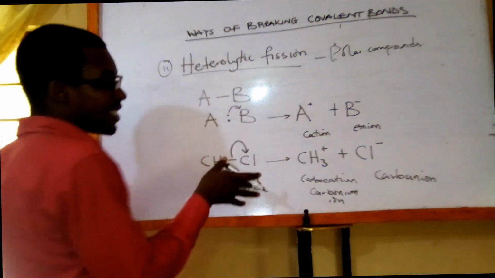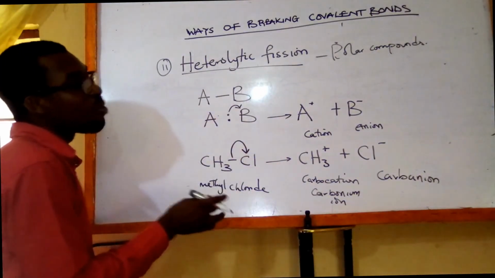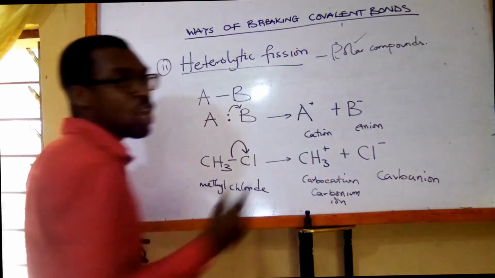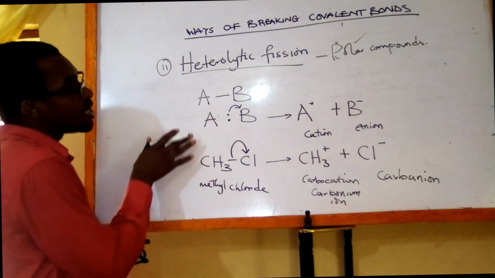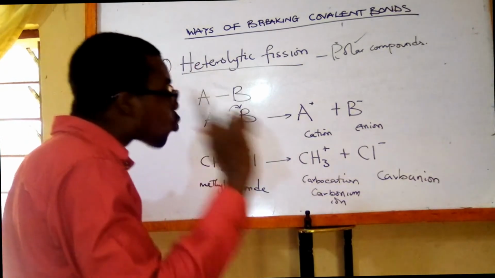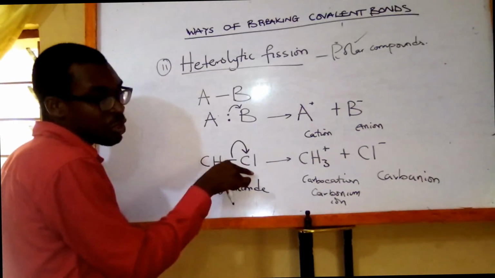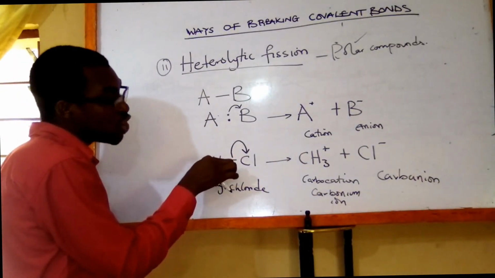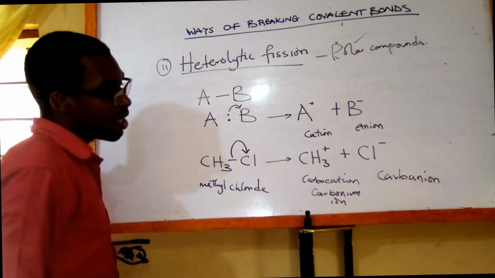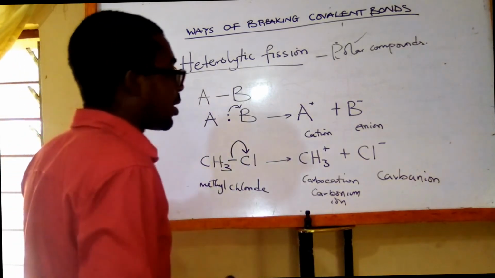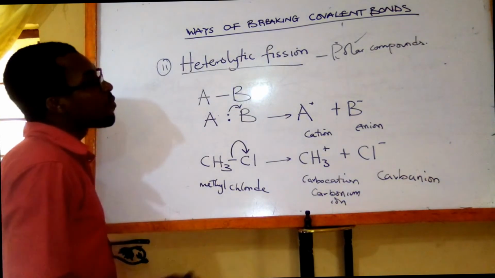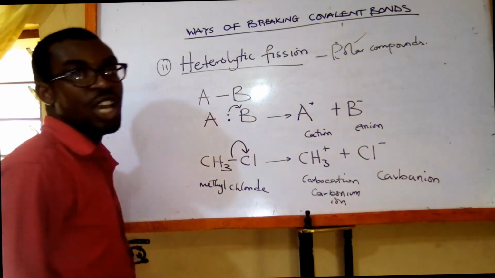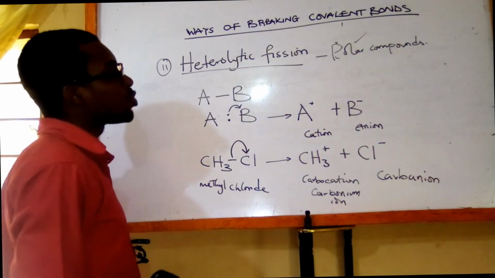Like I've said, this is more prevalent in polar compounds. Remember that in heterolytic fission, just one of the atoms takes the shared pair, giving us a carbocation and a carbanion.